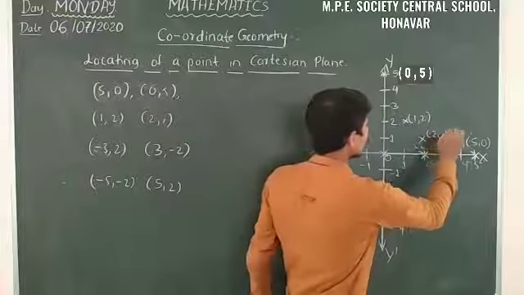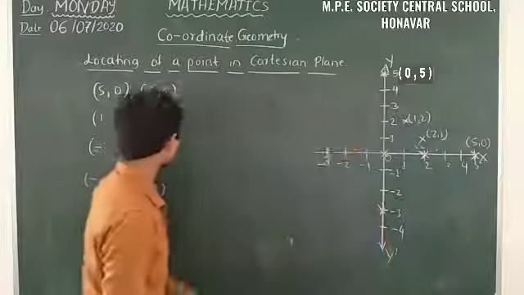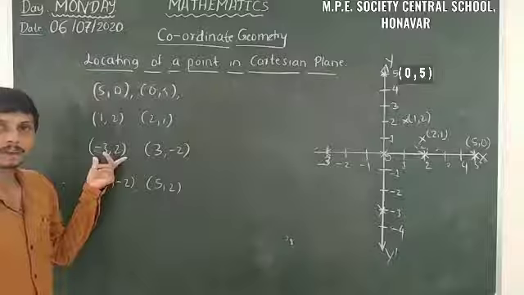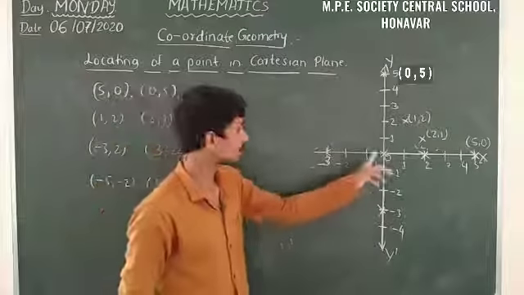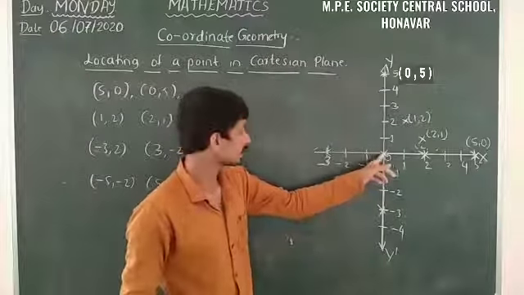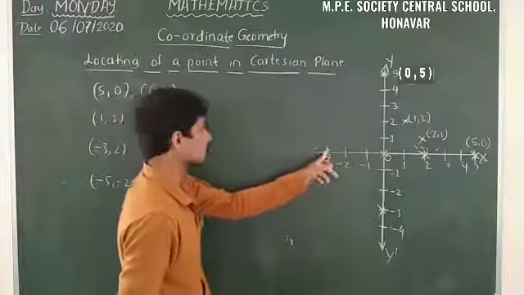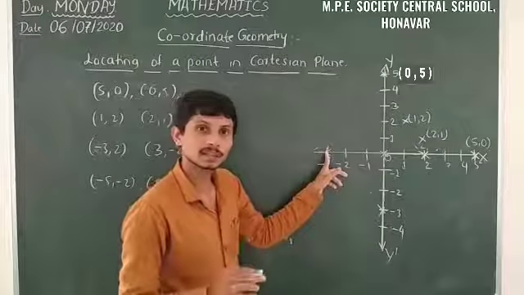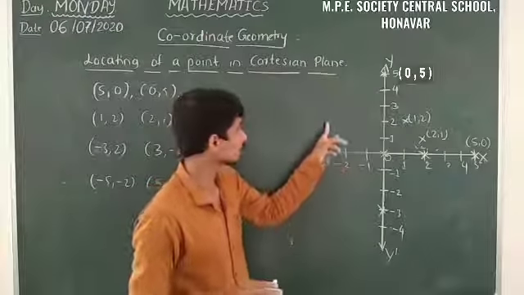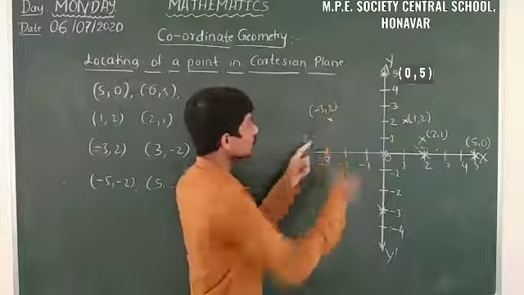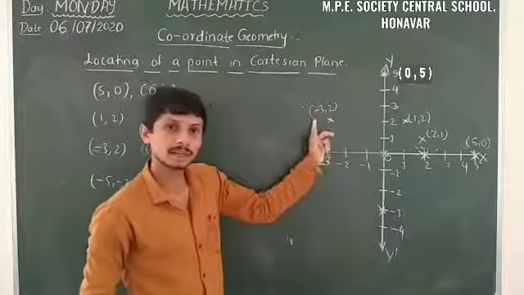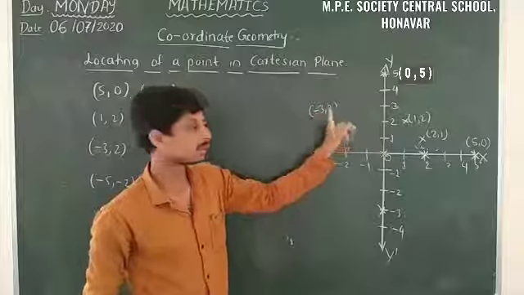That is (2, 1). Then here, (-3, 2). Firstly we take the perpendicular distance from the y-axis, that is -3, and then the perpendicular distance from the x-axis, that is 2. Always write the x-coordinate first and the y-coordinate next.